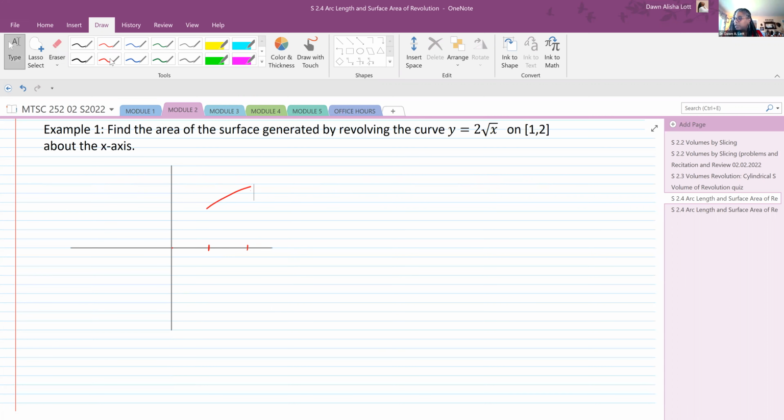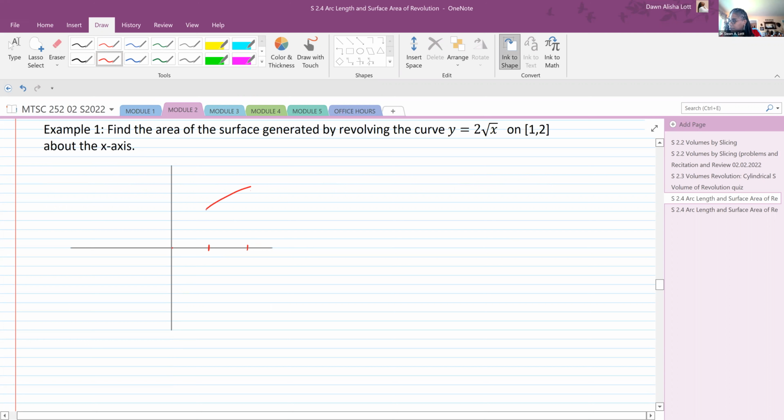So when I rotate that, that's going to give me something down at the bottom. So let's see, 1, 2, 3, 4. So when I rotate that, I get something like that. And then I'm going to rotate the other side.